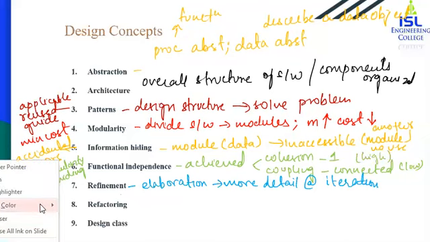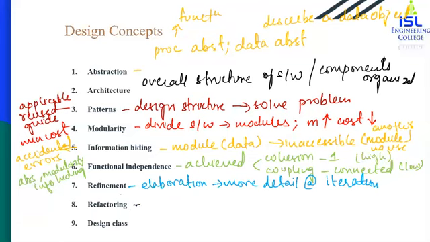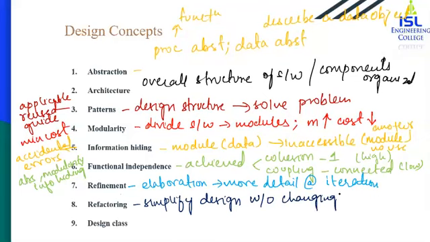Whereas the next one is refactoring. Now what happens within refactoring? Refactoring means you are going to simplify the design without changing its functional behavior or without changing the output. So that is your refactoring.